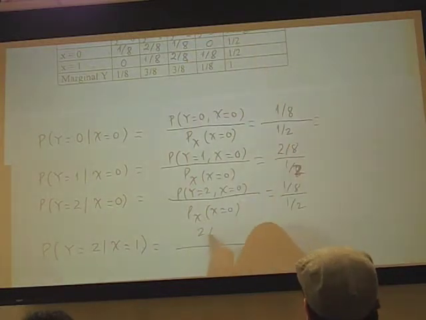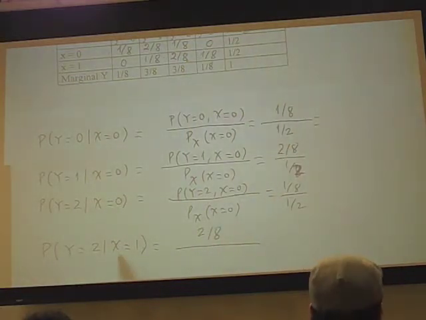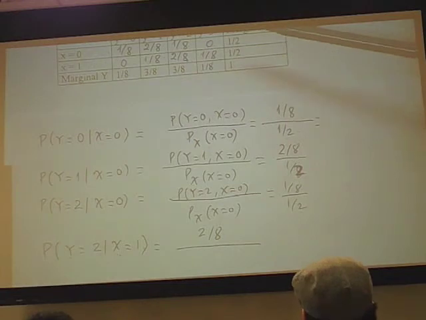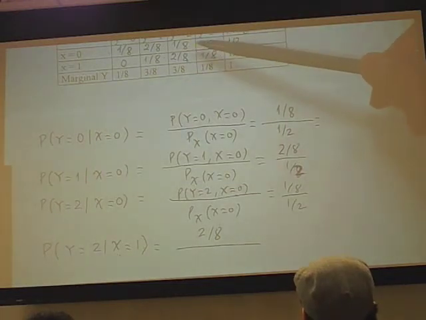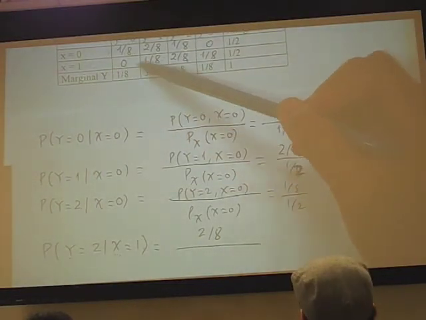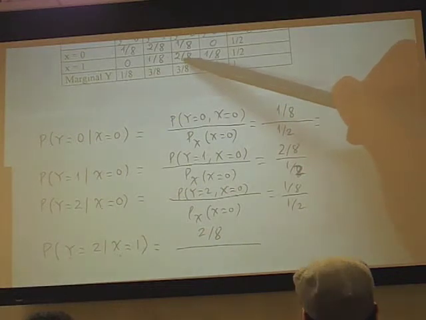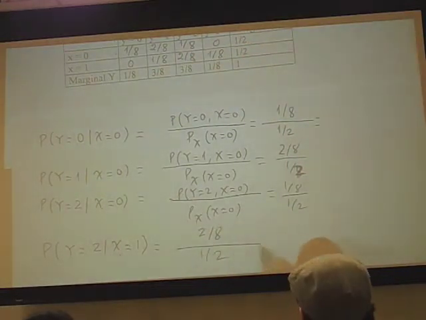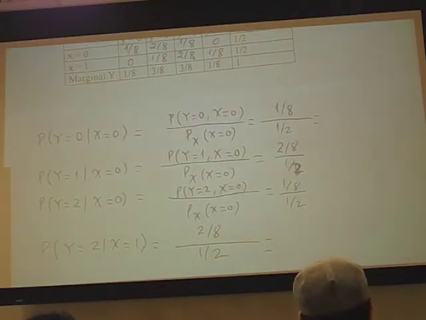And what is this? This one means the marginal probability when x equal to 1. So what is that? If you hold x equal to 1, where is x equal to 1? Right here. And then you sum over y. So what is that? 1/2? Whatever you have right there. Okay? So on and so forth.